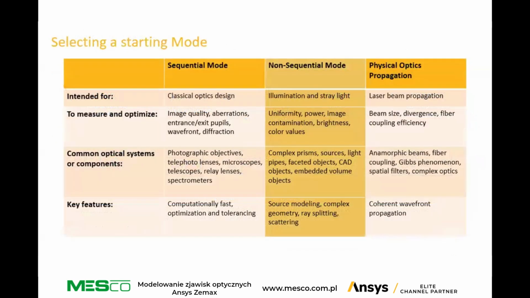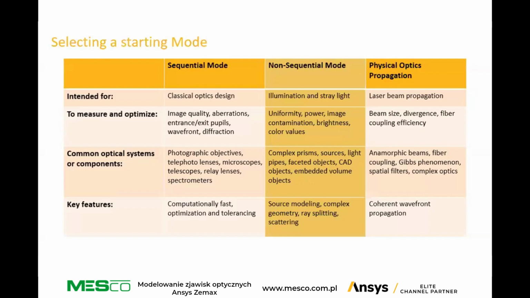Okay. So OpticStudio has two different modes, sequential and non-sequential mode. And we will see it in a bit. The sequential mode is intended for pure optical design because you can measure and optimize on aberrations, image quality, wavefront, diffraction, and so on. So the main systems that you can design with this will be lenses, microscopes, telescopes, spectrometers, and so on.